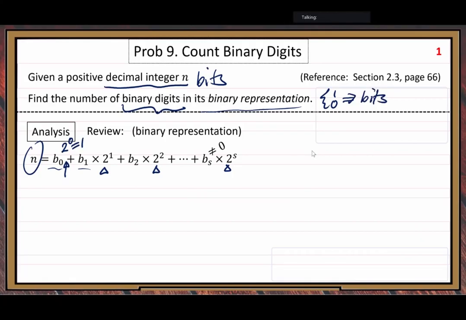But the last bit, which we call the most significant bit, must be non-zero. Otherwise, if it is 0, we throw it away. We do not need that term. We just move to the next non-zero bit. So here we assume B sub s is not equal to 0.